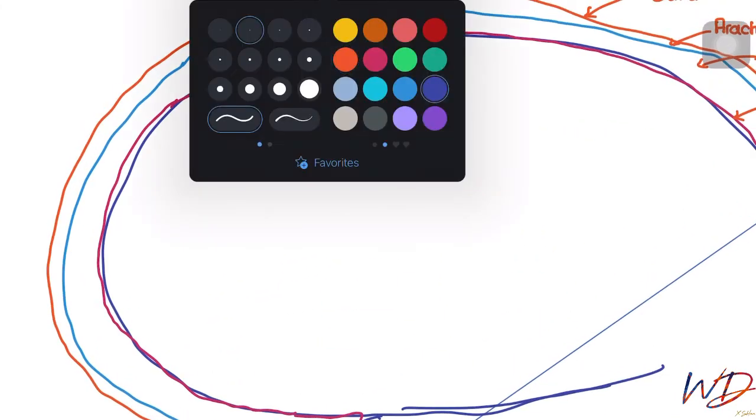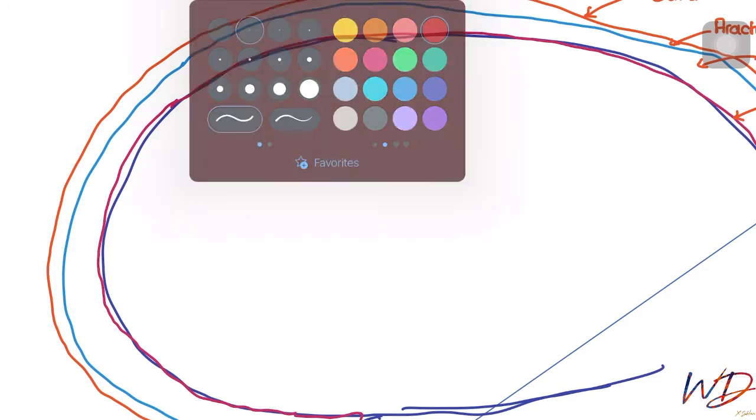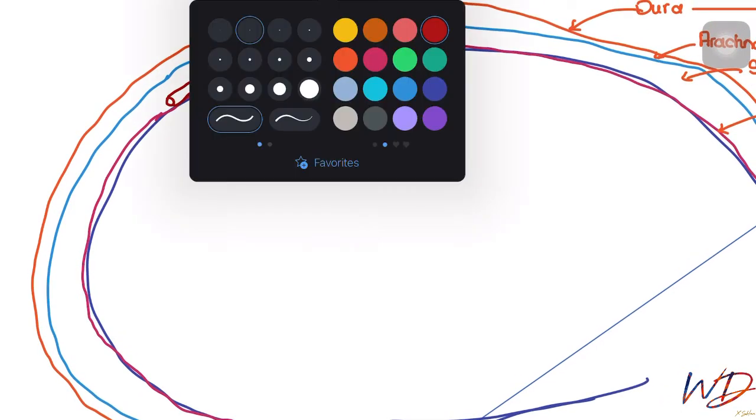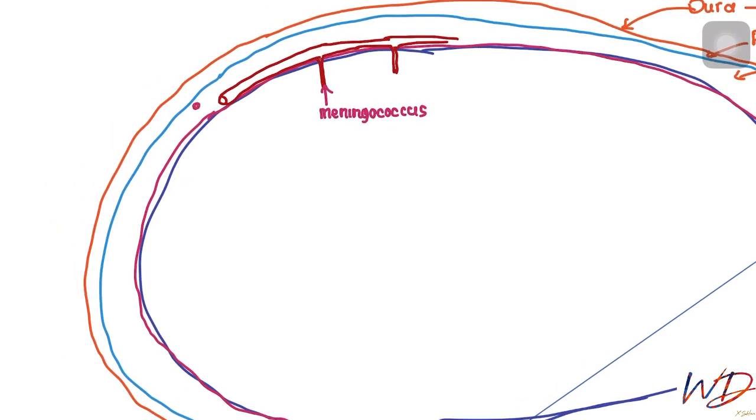So what happens here is we are going to have our blood vessels. They give off branches inside. A group of bacteria called Meningococcus can come and colonize the CSF region.